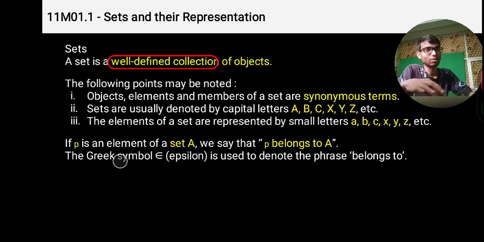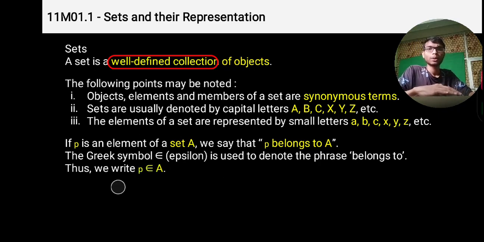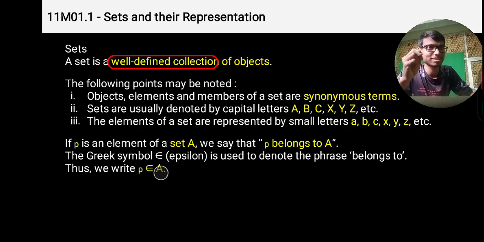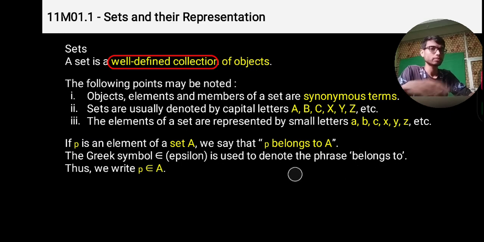Thus, we write p belongs to A rather than saying it in a sentence. Now this is mathematics. You can see how we convert a statement into mathematics. Here we used a symbol, and now it is converted into mathematics. We are saying p belongs to A.